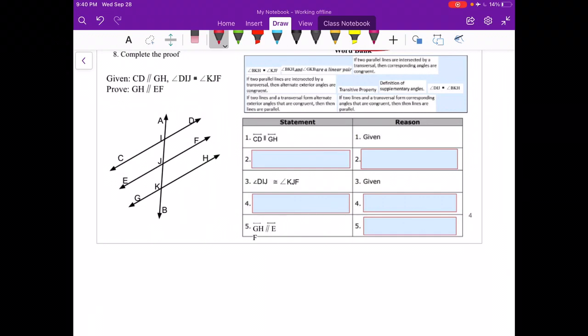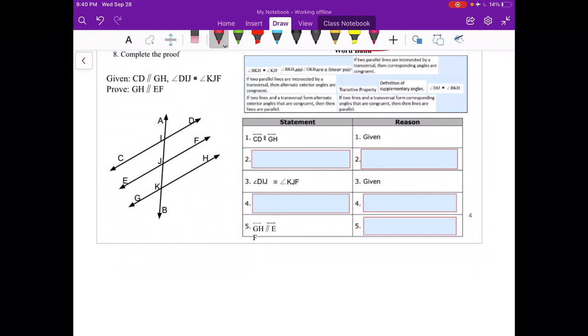What we're trying to do here is prove that line GH is also parallel to line EF. So what we first have to do is look through all of the statements that were given in our word bank and see if we can fill in the blanks.